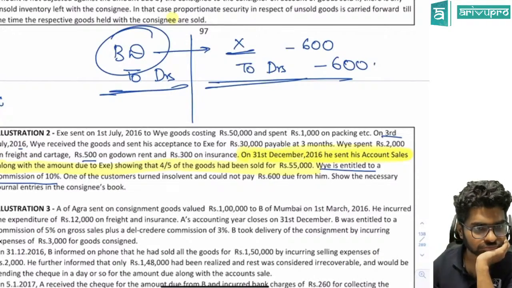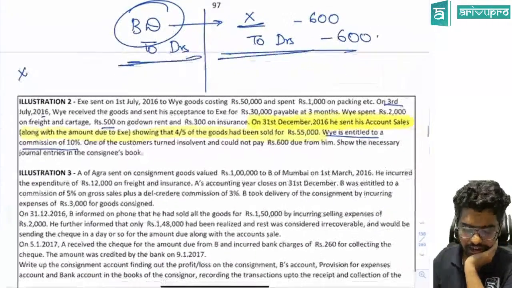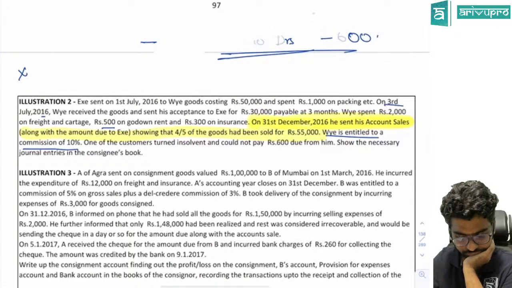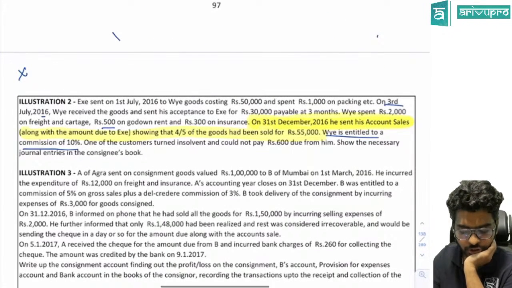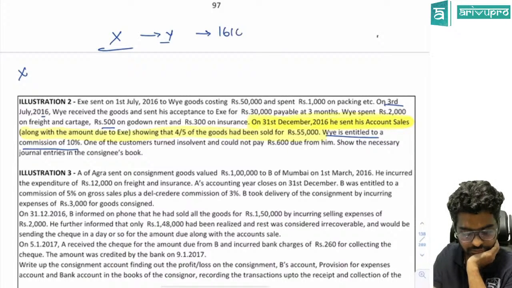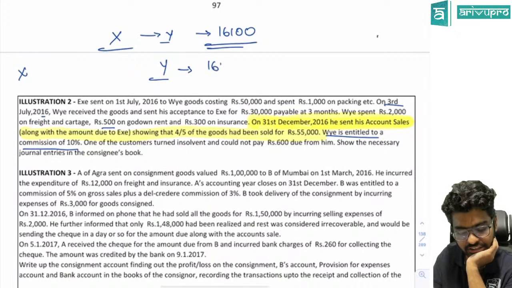Last one. How much should X pay Y? So Y will be receiving in the end 16,100.